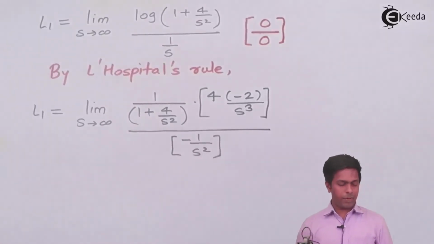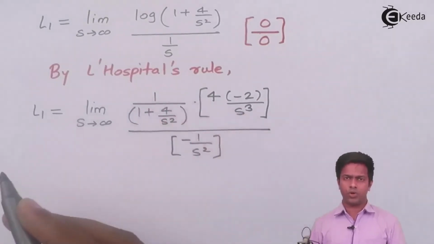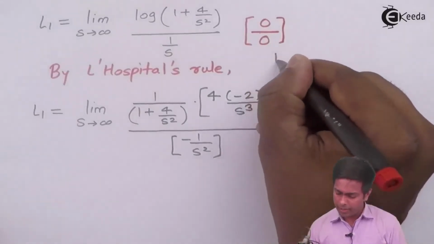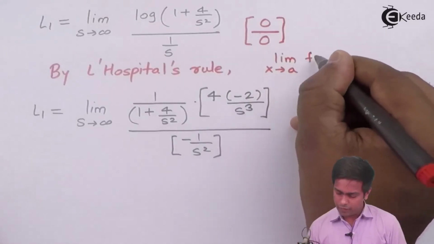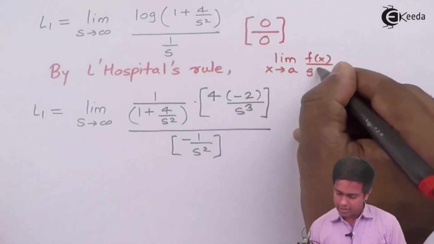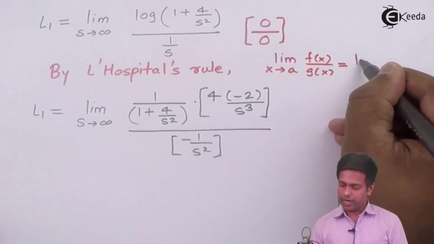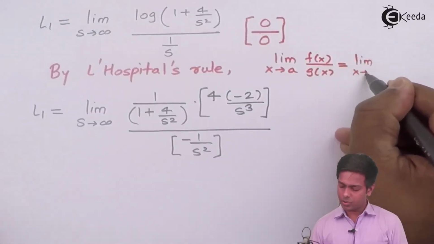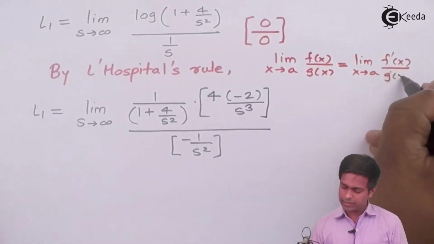Here I am applying L'Hopital's rule. Most of you may not know L'Hopital's rule, so I'll tell you quickly. If we have limit x tends to a of f of x upon g of x, then by L'Hopital's rule we write this as limit x tends to a of f dash of x upon g dash of x.